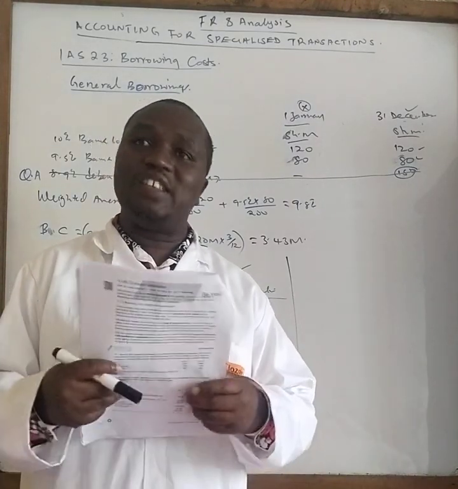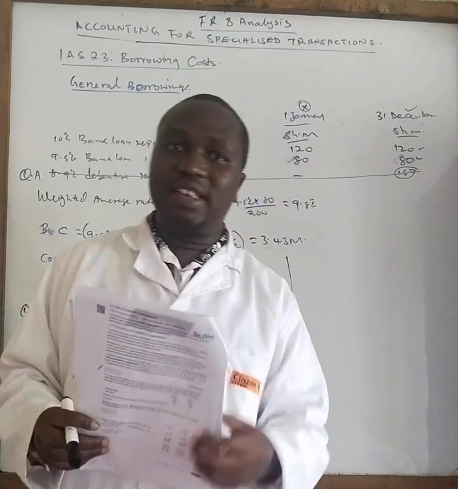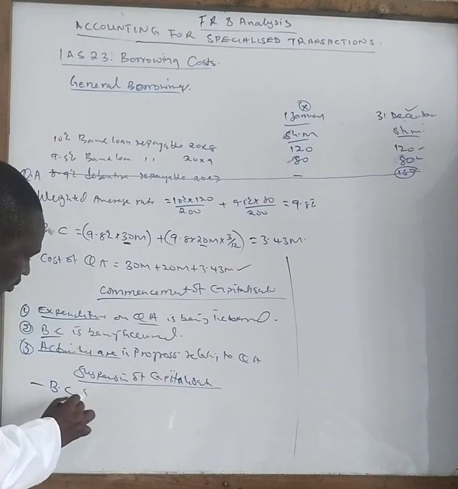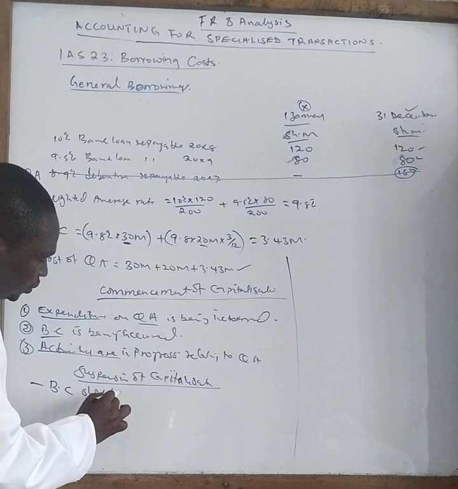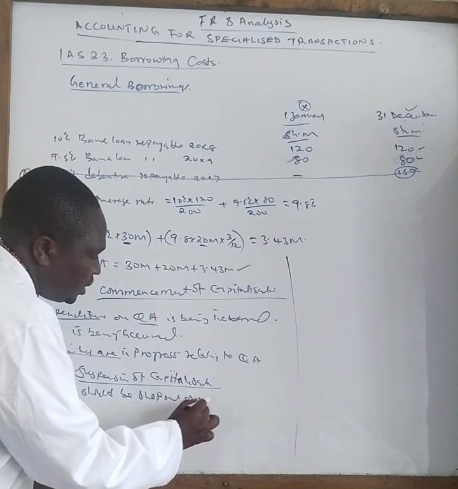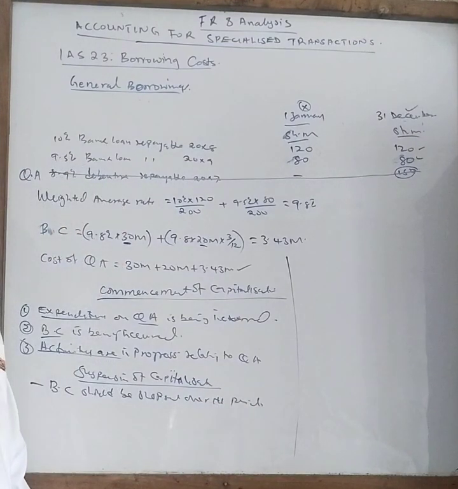If the project has been suspended, how do you treat the borrowing cost then? The borrowing cost shall also be suspended over the period. Then what are you doing if that is the case?